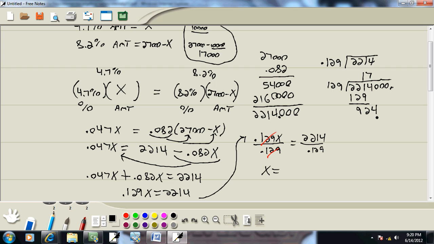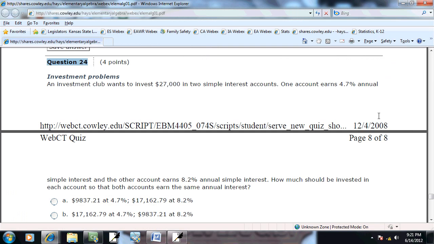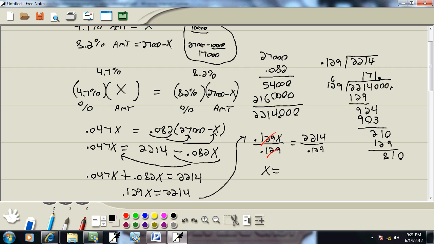Then I bring down one of those zeros, and that'll go in one time. So 129. That gives us 81. Bring down another 0, and that's this 0 here.